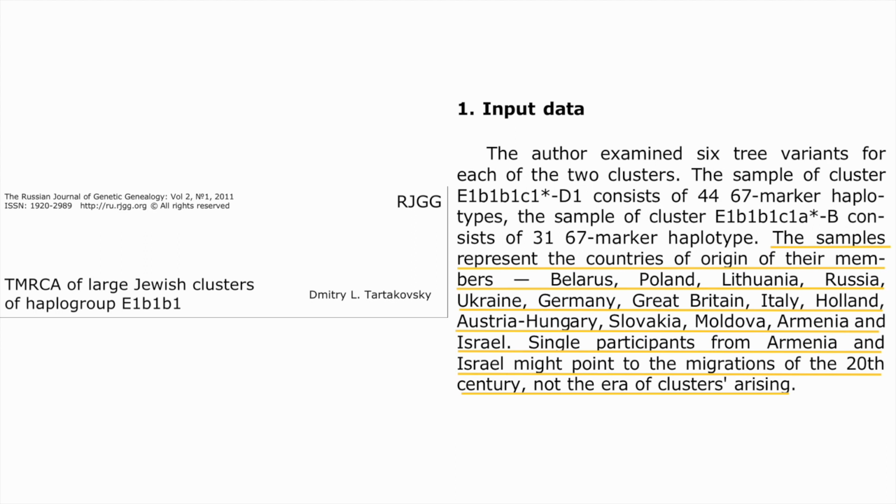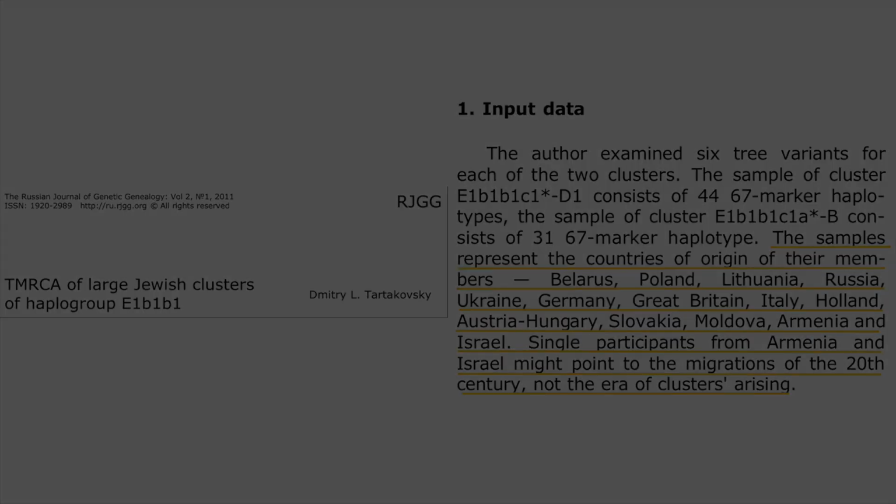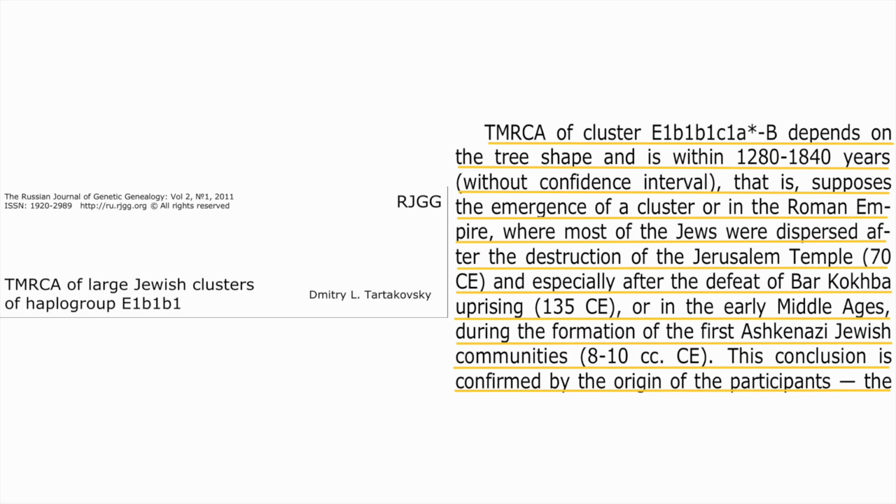Single participants from Armenia and Israel might point to the migrations of the 20th century, not the era of clusters arising. TMRCA of cluster E1b1b1 depends on the tree shape and is within 1,280 through 1,840 years without confidence interval.